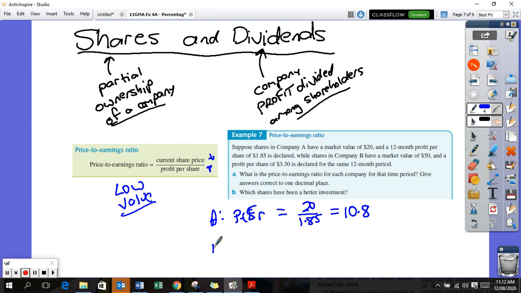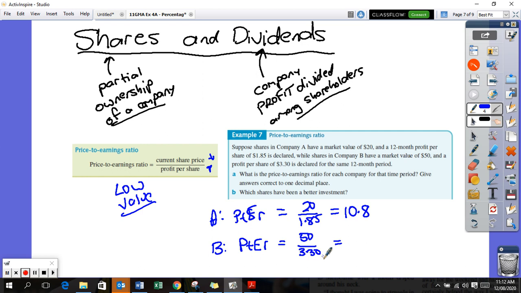Now it's no good unless we've got something to compare it to, so we'll compare it to company B, whose price to earnings ratio is a market value of $50 and its profit per share is $3.30, so we go 50 divided by 3.30, and it's really hard to compare them because this has got a lower market value, so it doesn't look as good as the one with a higher market value, but we've got to take into account the profit per share, so that's why we need the ratio.